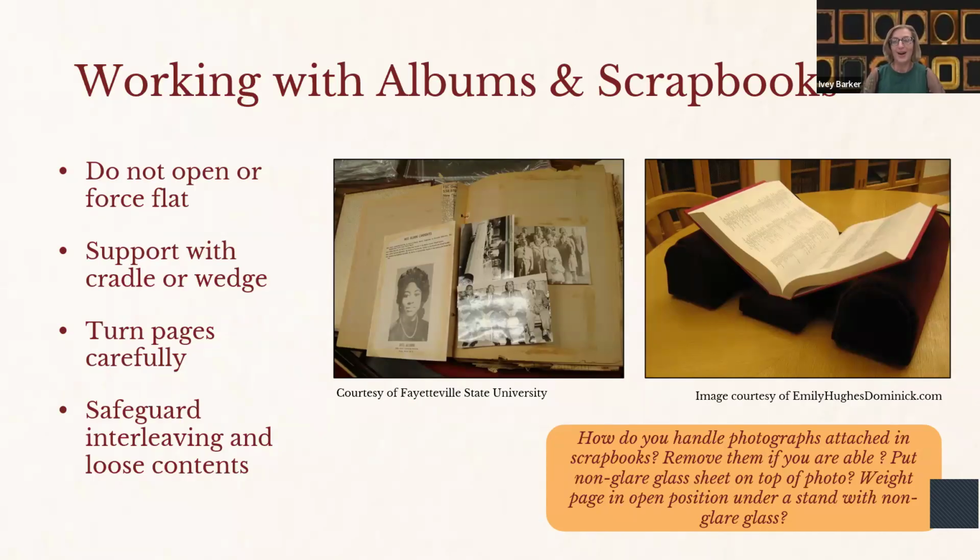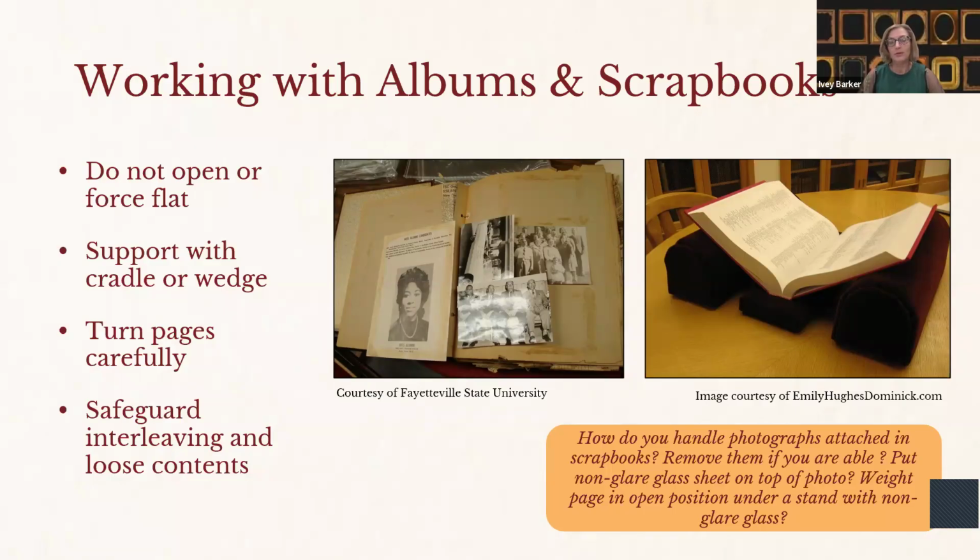So, a photo conservator's joy is albums and scrapbooks, because not only do you have the complexity of photos, but now you get into the complexity of book structures, paper materials, newspaper scraps. So how do we deal with that as conservators in digitization?